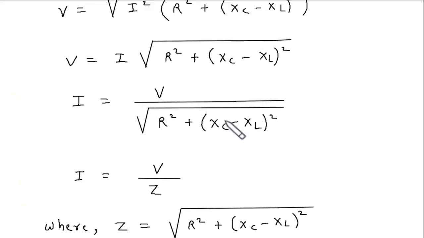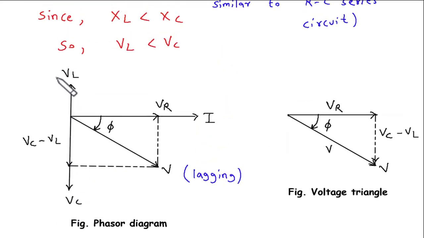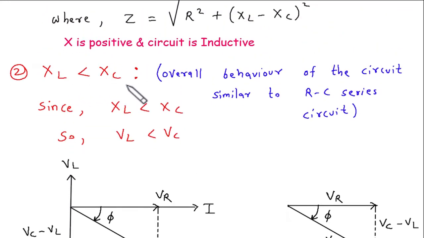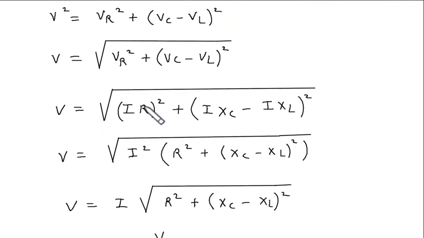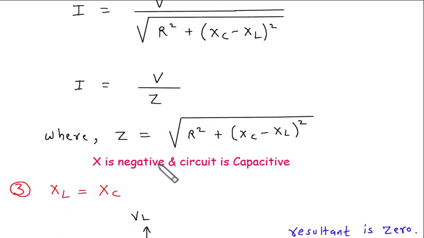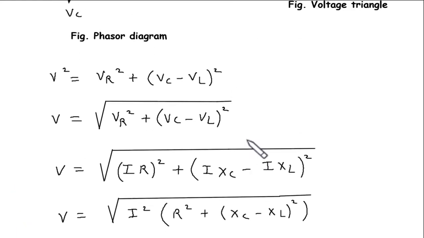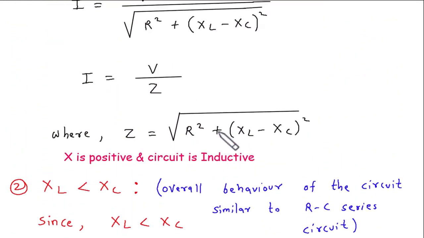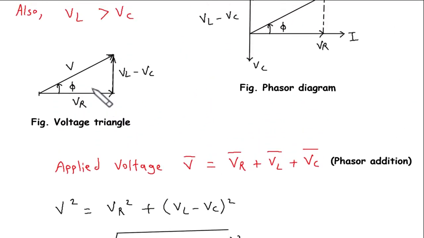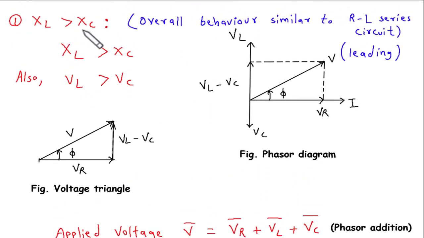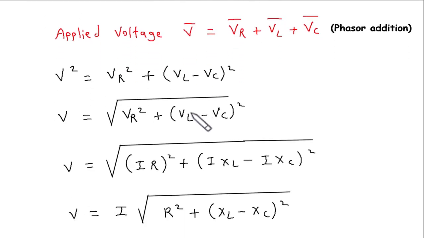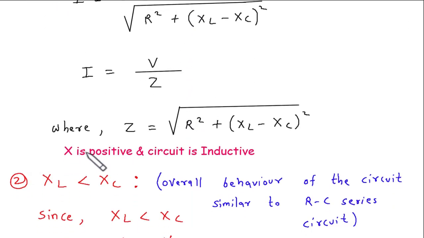And when XL is less than XC, that time X is negative and circuit is capacitive. Now when XL is greater than XC, that time X is positive and circuit is inductive.